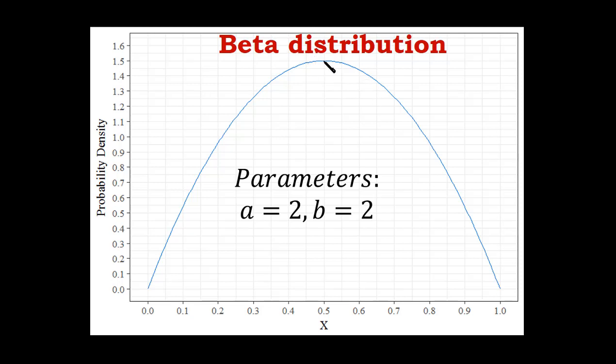The most probable value is 0.5, but there are still values away from 0.5 that are possibly likely. In this case, for the probability of success, 0.5 is the most likely, but 0.6 is still very likely, 0.7 is still very likely, even 0.8 has a quite decent probability, 0.9 as well.